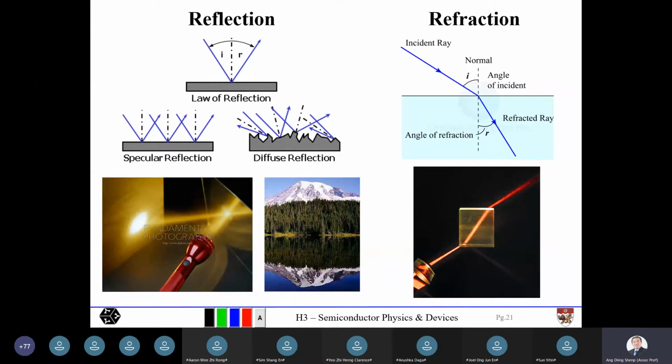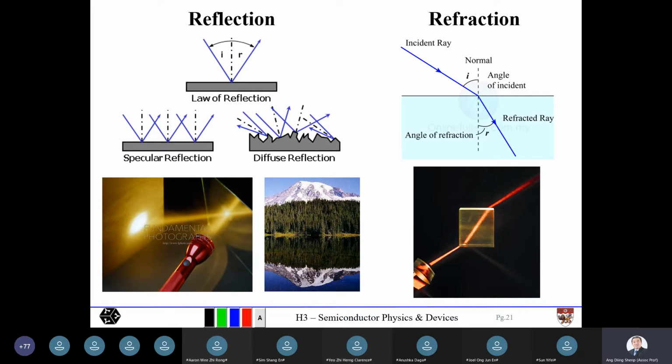In the LED, the light is generated inside the semiconductor. And light will undergo reflection as well as refraction when it tries to pass from the semiconductor into air or into vacuum. So refraction limits the amount of light that can escape from the semiconductor into the air. This point will become clearer later on when we discuss in detail the operation of the LED.